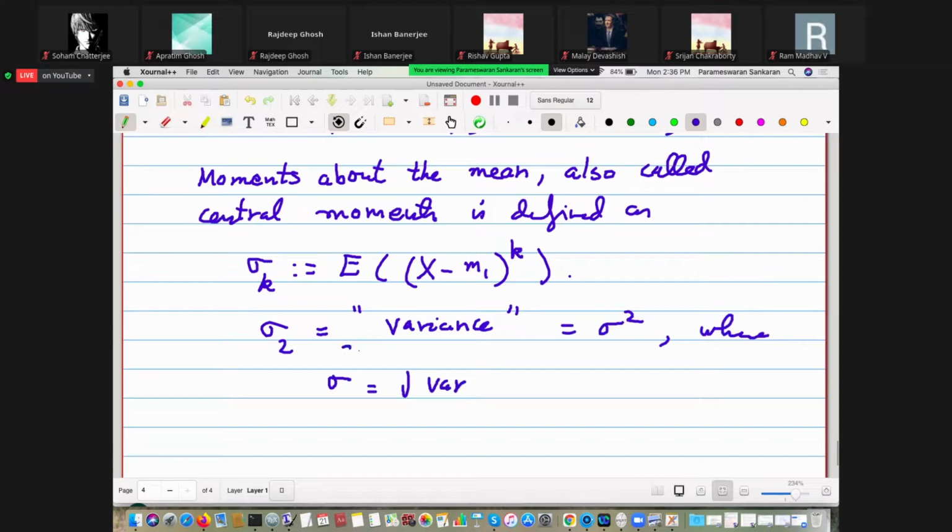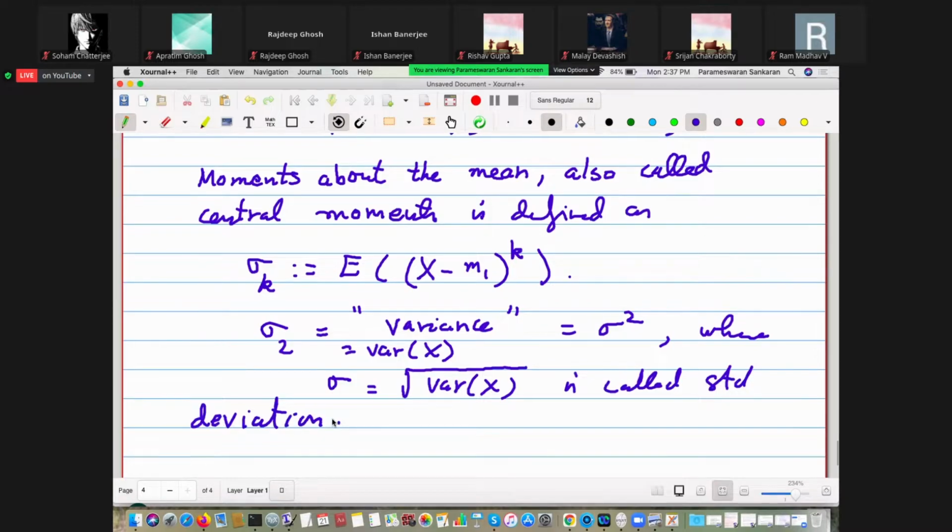So denoted as var x, variance of x. Square root of variance of x is then called standard deviation. You may have studied part of it in your 12th standard.